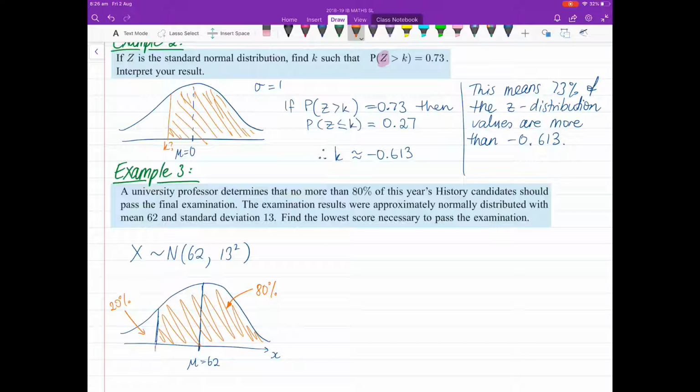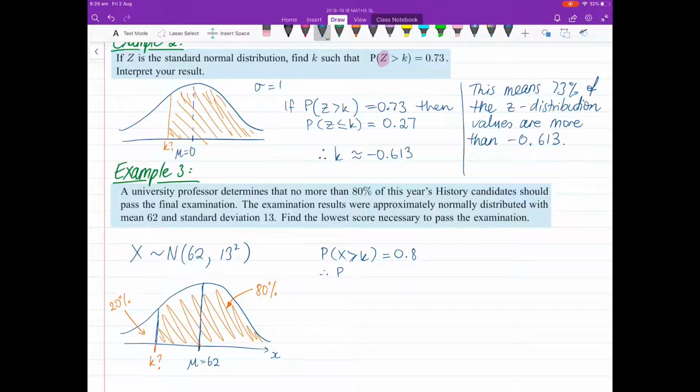So we need to find, well, what's this pass mark here? What did he or she consider as the pass mark? And only the people above there in the shaded bit in orange are the people that have passed. So what we want is the probability of X greater than or equal to K to equal 0.8.